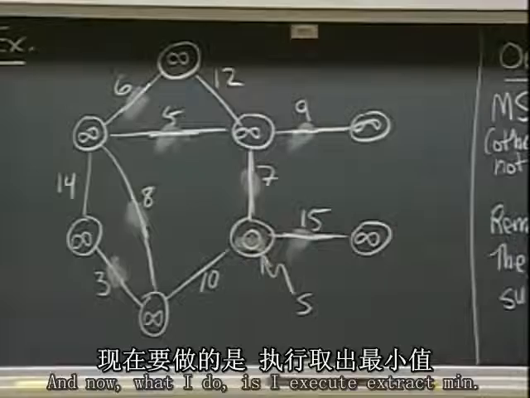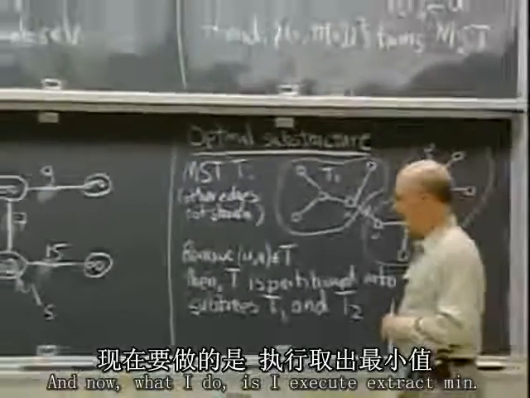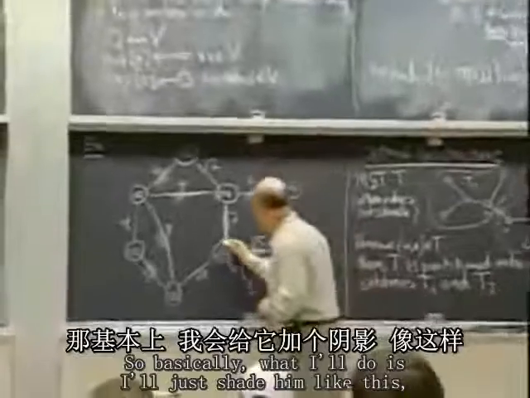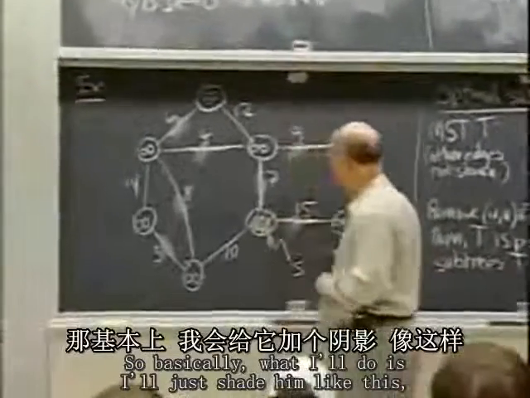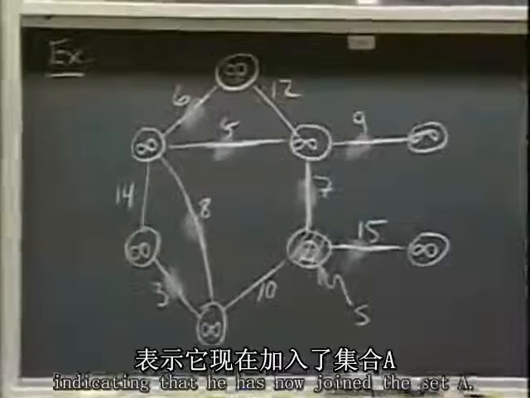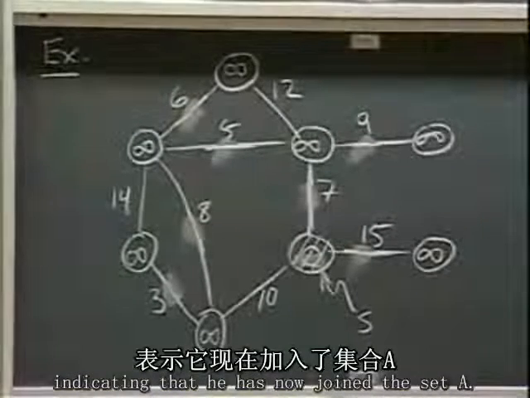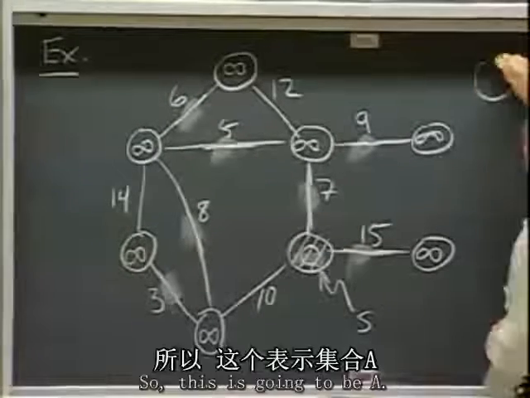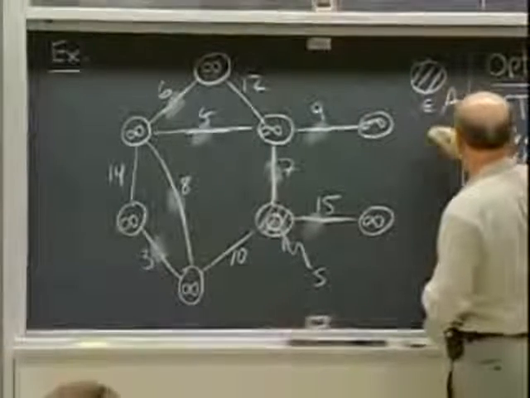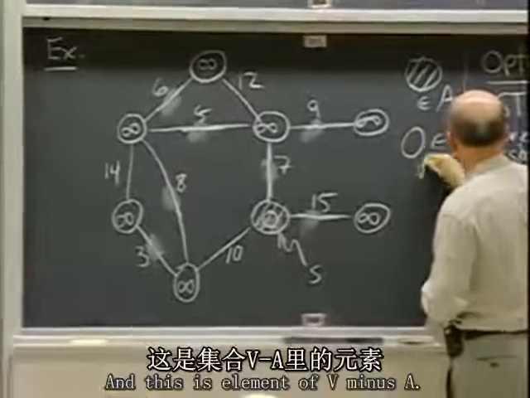And now I execute extract min. I'll just shade him like this, indicating that he has now joined the set A. So this is going to be A, and this is an element of V minus A.